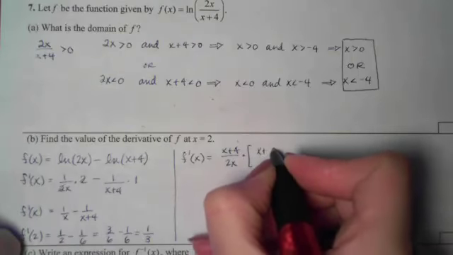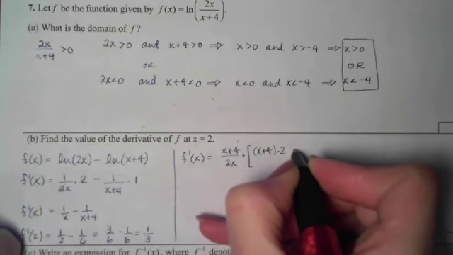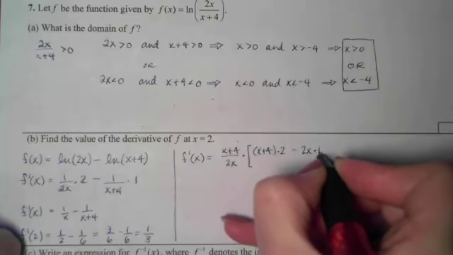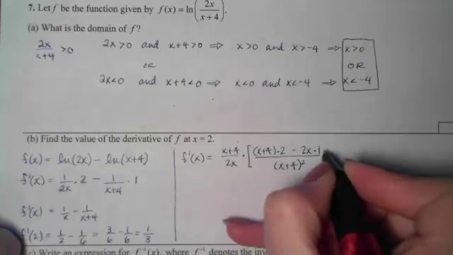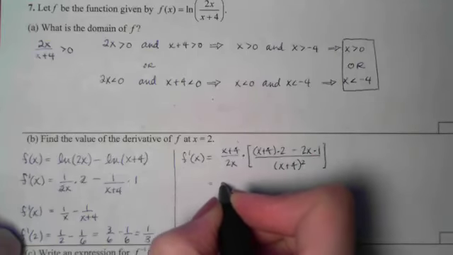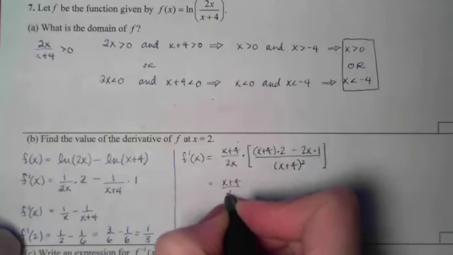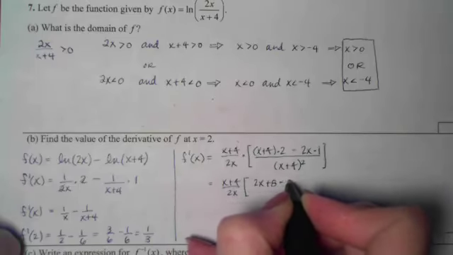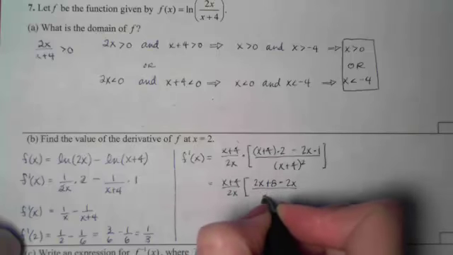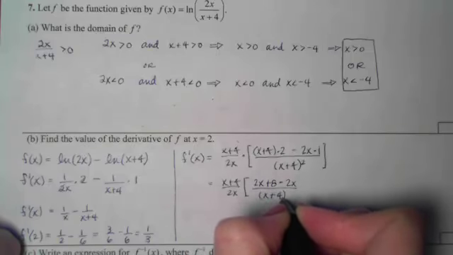So we'd have low d high minus high d low over low squared. Simplifying, I have x plus 4 over 2x times 2x plus 8 minus 2x over x plus 4 quantity squared.